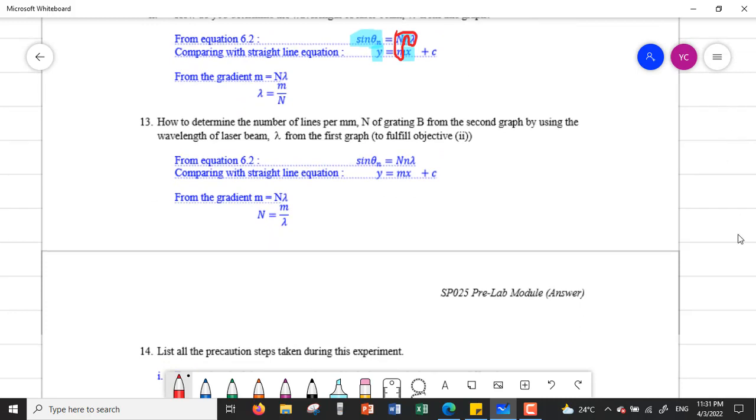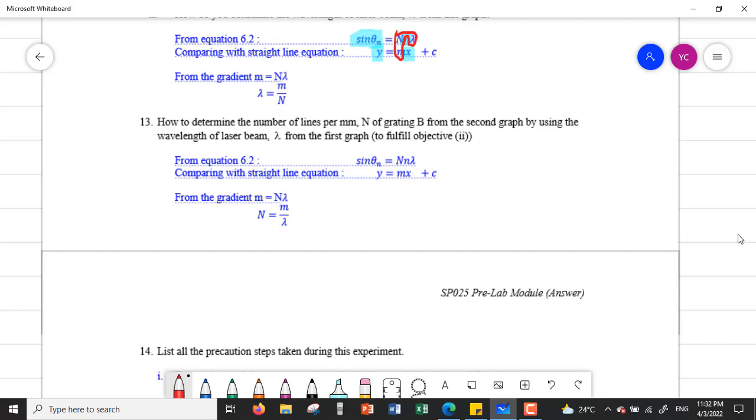Question 13. How do we determine the number of lines per millimeter n of grating B from the second graph by using the wavelength of the laser beam lambda from the first graph, to fulfill objective number 2 of this experiment?